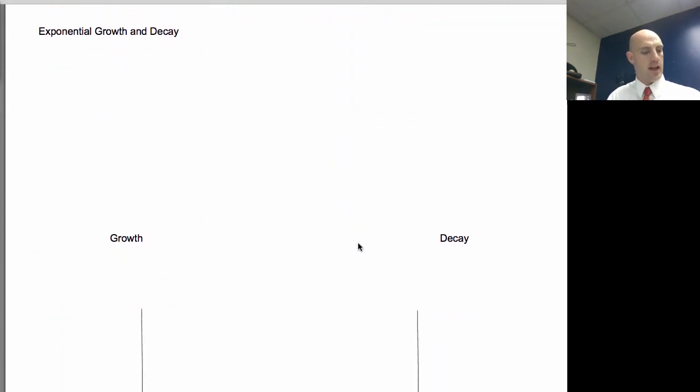Exponential growth and decay. Well, what does it look like? We've got some function here for any f of x equal to a times b to the x, so our standard exponential growth function.